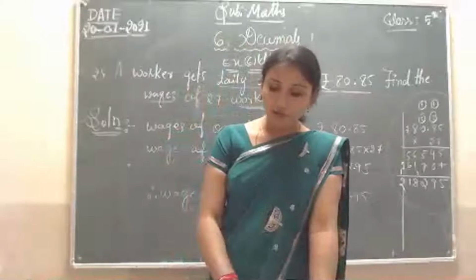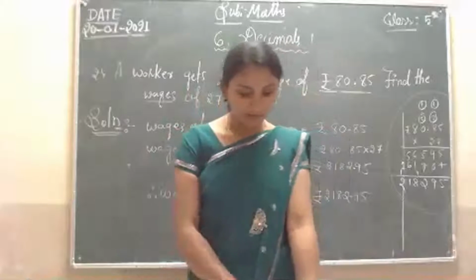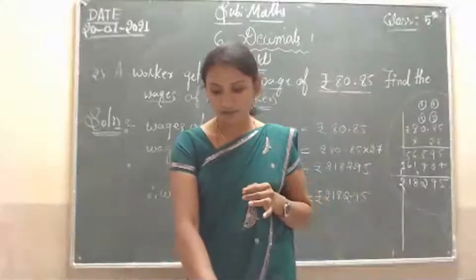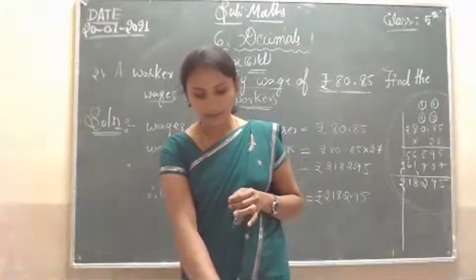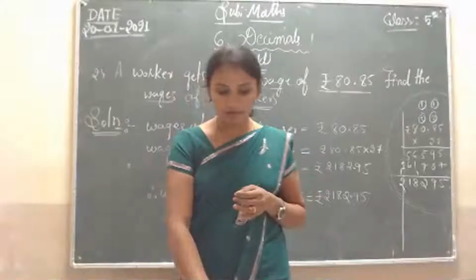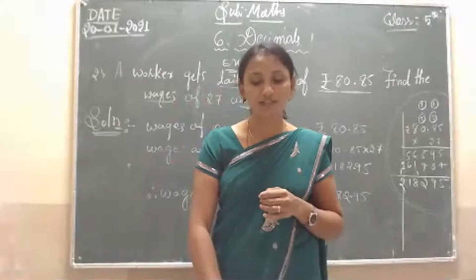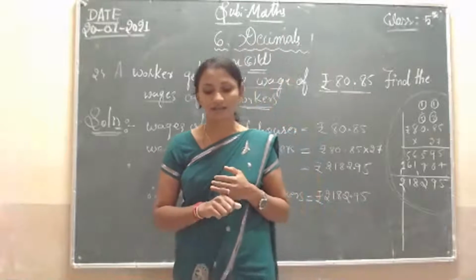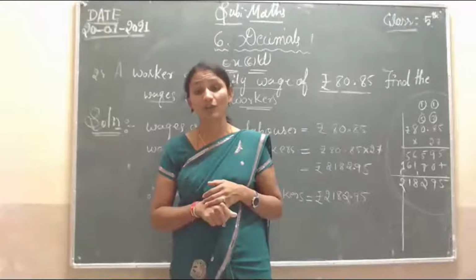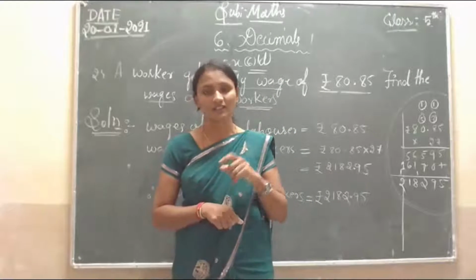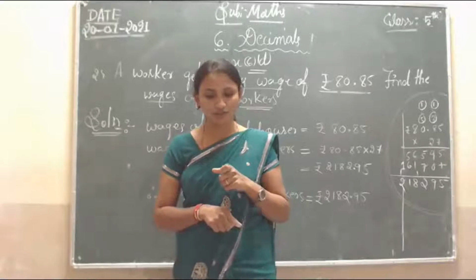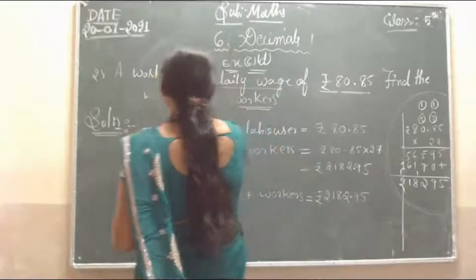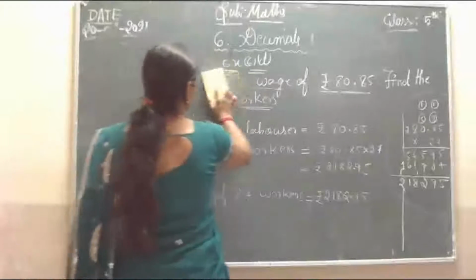Next, 12.1 kilometer by bus and the rest by scooter. If he traveled a total distance of 29.05 kilometer, find the distance covered by scooter. But you have to find it in two steps. So this is a different question, students. So see here. This is question number 6.